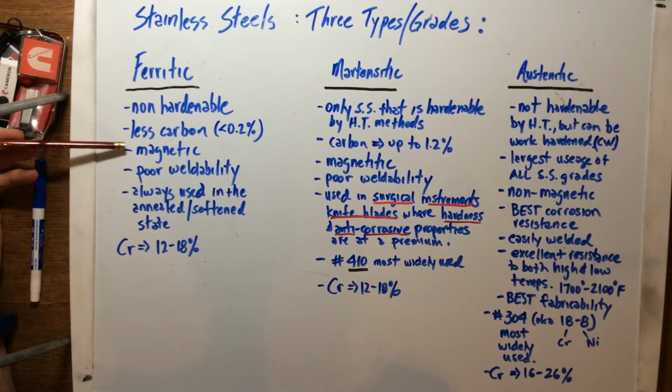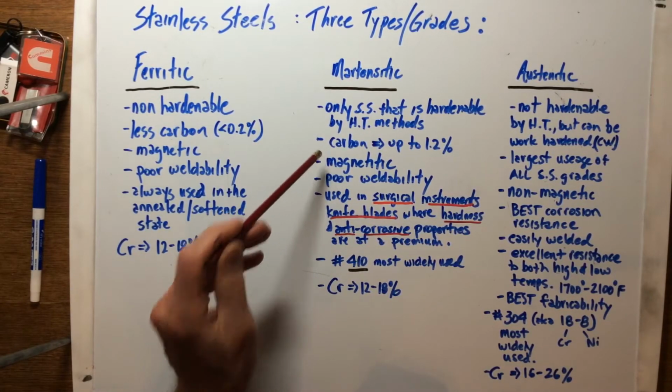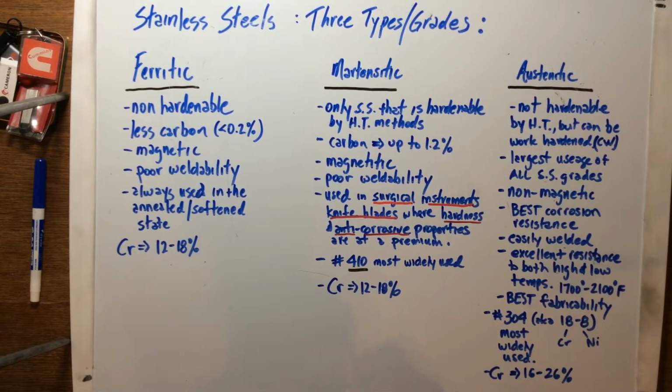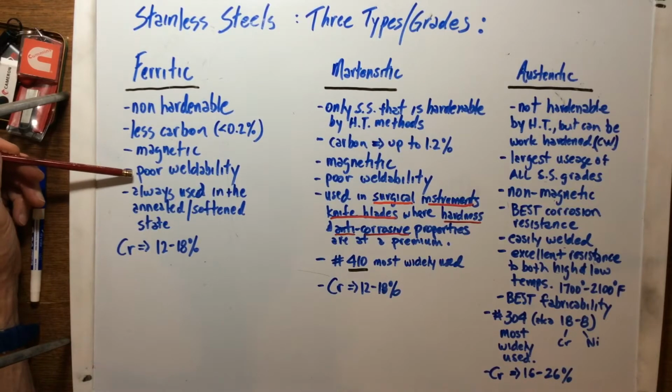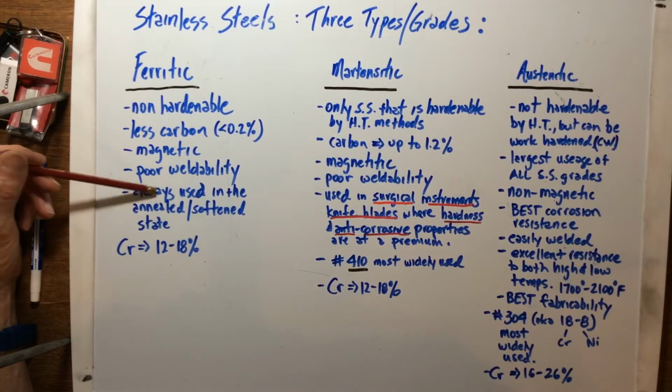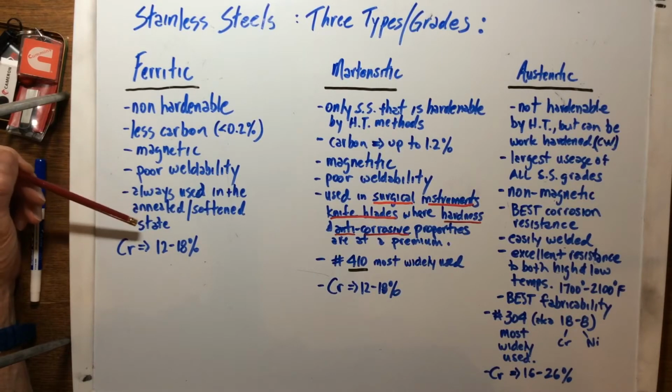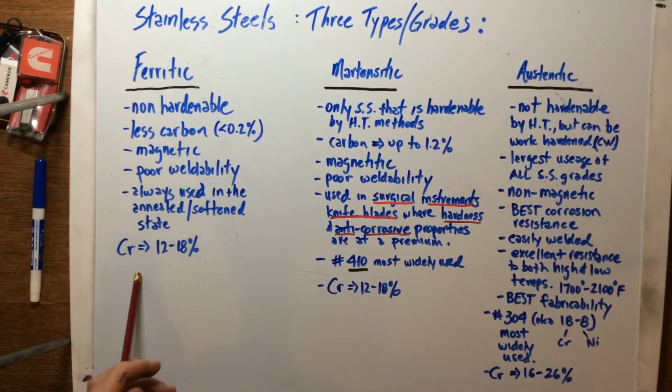The other two are magnetic, and of course, ferritic is one of them, and the other magnetic is martensitic. So, at any rate, it's poor weldability, not really used in that application. And it's always used in an annealed, what we call a softened state. And again, its chromium content has to be greater than 11, and it usually ranges from 12 to 18%.